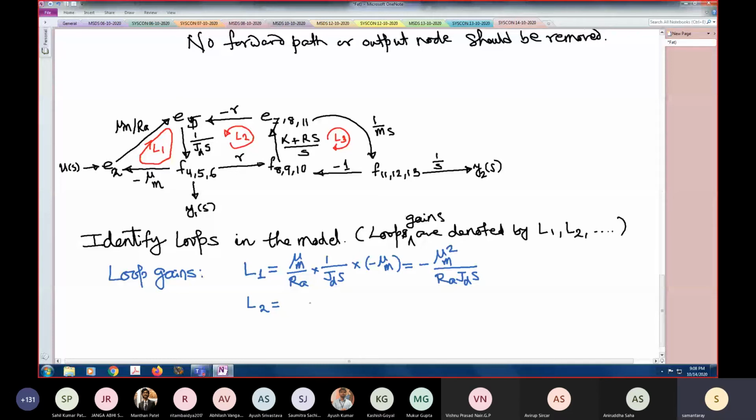So L2 will have R square, then K plus R raise, divided by ZES square with a minus sign, minus R here. And L3 is equal to minus, this is K plus RS by MS square.